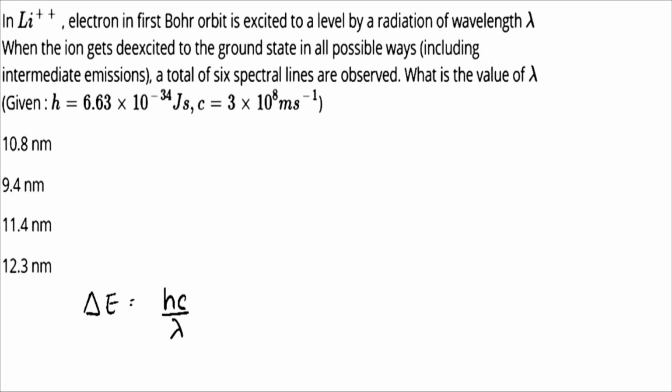So when we have the total number of transitions, spectral lines, to be 6, let us say that there are 3 levels. It is excited to the second excited state. So there would be this 1, this 2, and this 3. Only 3.